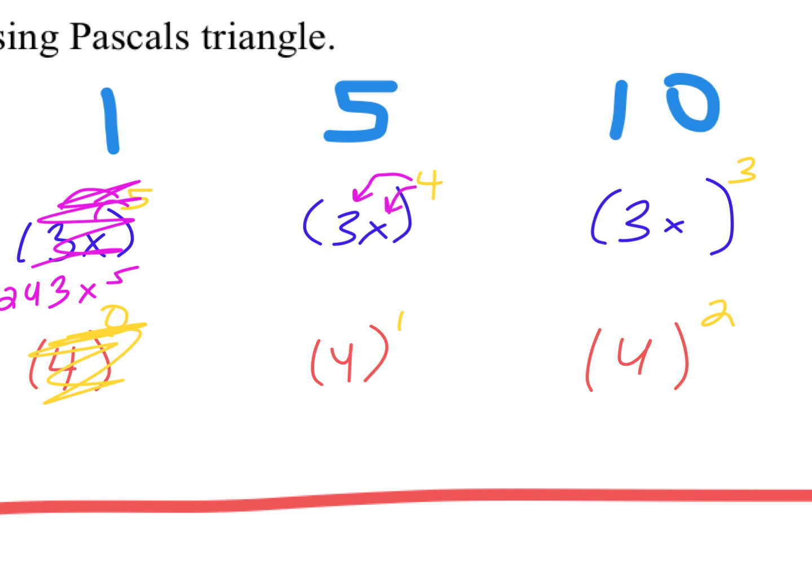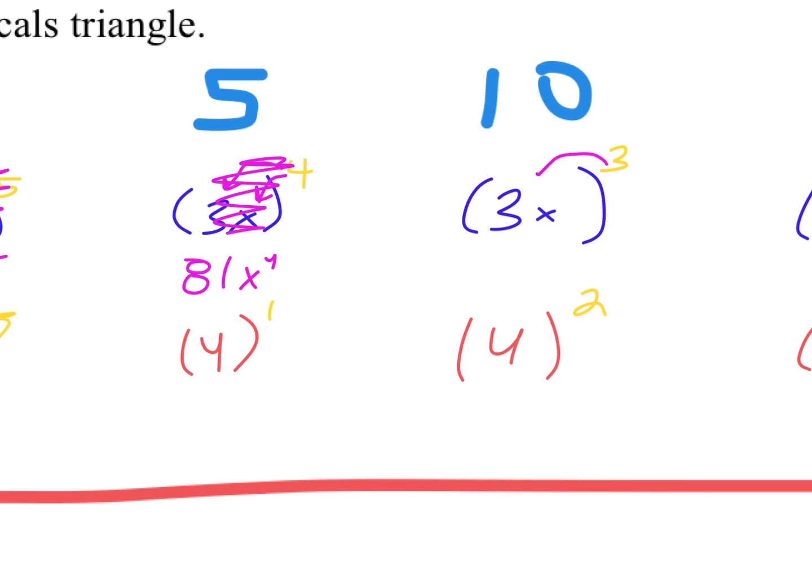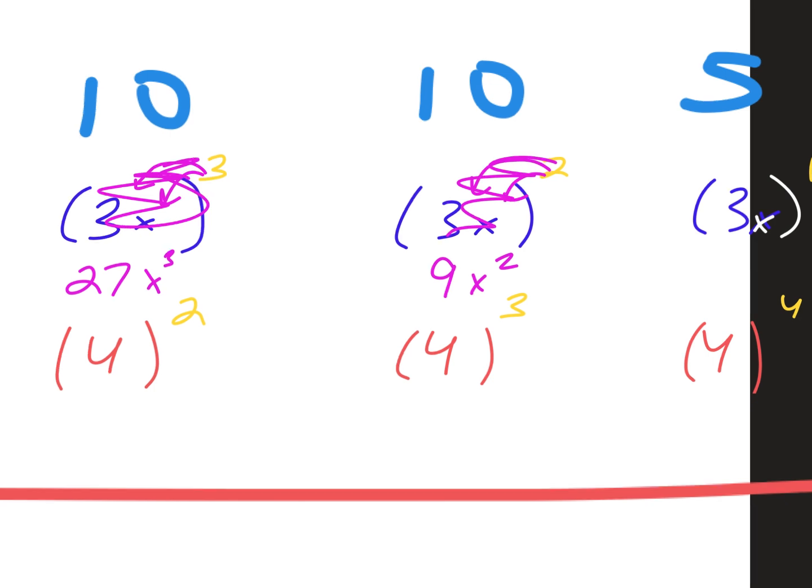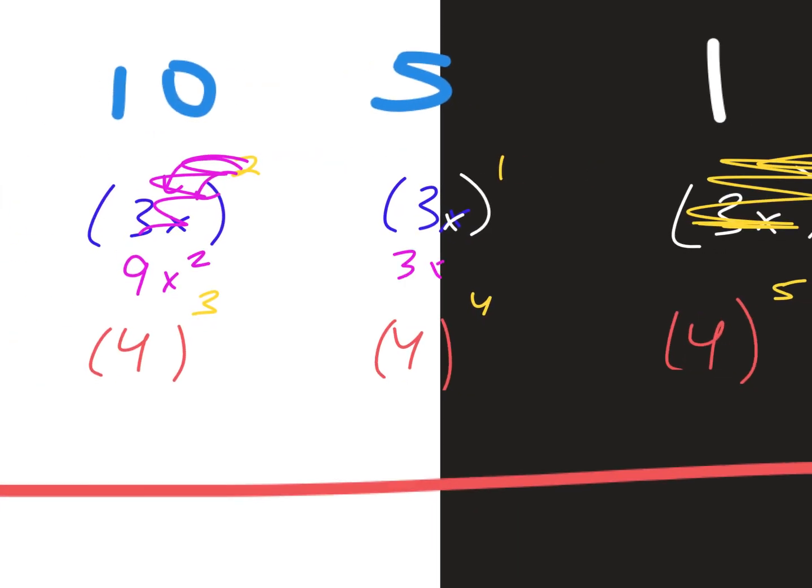So what's 3 to the 4th power? 81 x to the 4th. And then cross that out. So then my 3 is going to go to the 3 and to the x. What's 3 cubed? 27, and then this is x cubed. Then my 2 goes here and here, so this is 9x squared. And then I just have 3x to the 1st power.